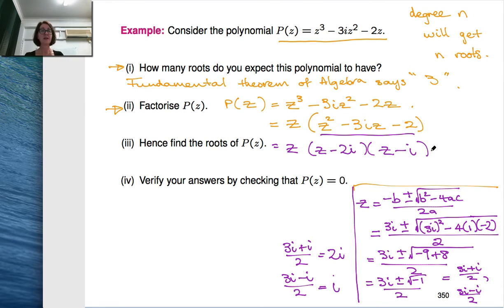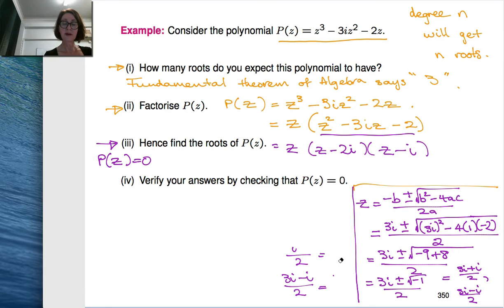Okay, so that's how we factorise the polynomial p of z. In the next item, part 3, so this is still part 2, we need to find the roots of p of z, and we do that by putting p of z equal to 0. So we're going to use this factorised form. Let me just clear some of this up so I've got some more space.